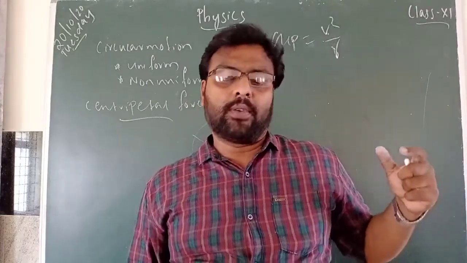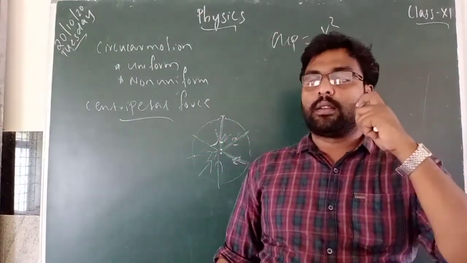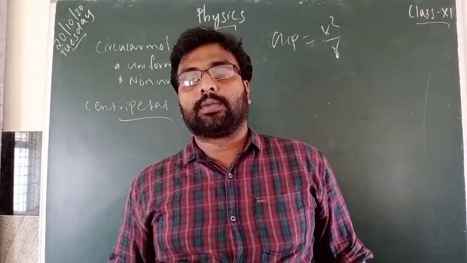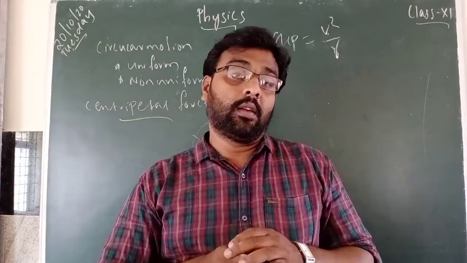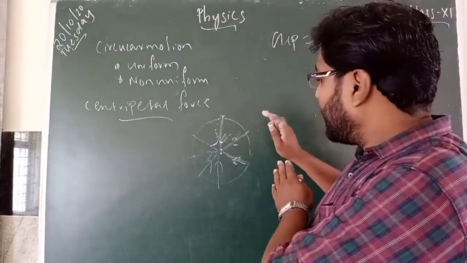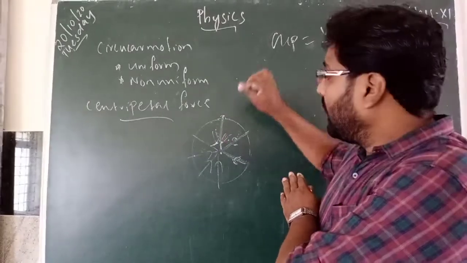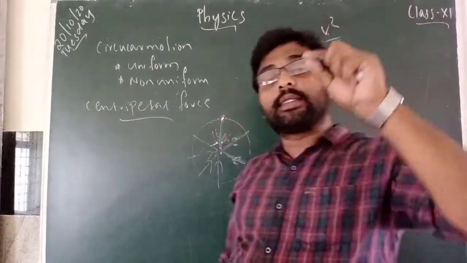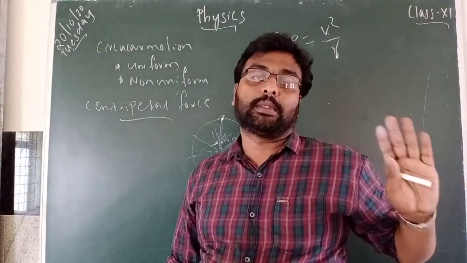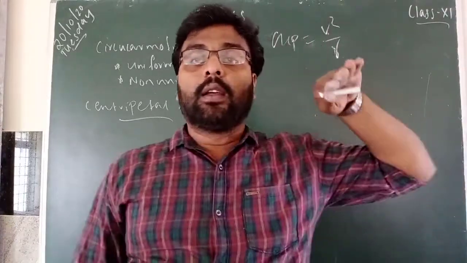In our daily life, there are so many cases we can see for this centripetal force. We discussed centripetal acceleration in our previous lesson. So if there is a centripetal acceleration, there must be some force acting to its center.